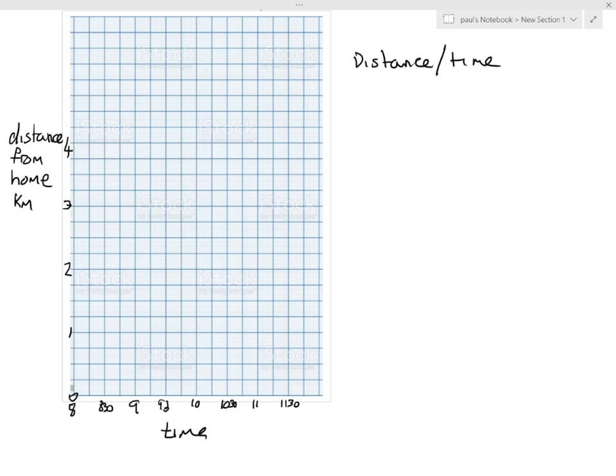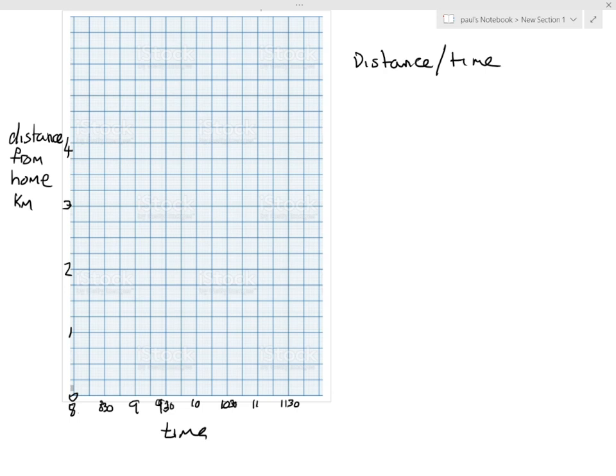Right. So you can see we're going distance from home or from our starting position, and the time passes by. Let's put a proper 3 because I can't see what that is.